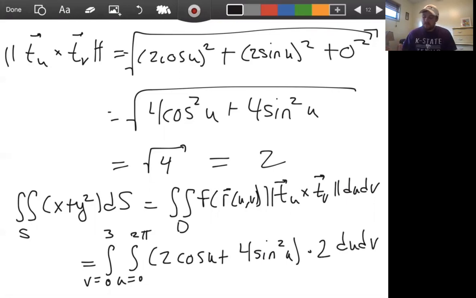Now this integral is not bad to solve. You just split it up over the sum, and then you take the integral of cosine and the integral of sine squared. I would strongly recommend you finish this integral, and you can verify that what you should get is 6 pi.